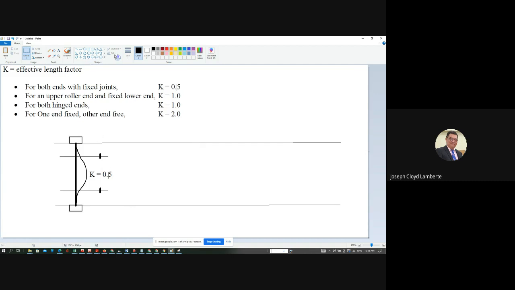While katong sa upper roller end, ang lower kay fix no. Fix ang lower end. Kung roller, magdagandagan naman na siya diya.